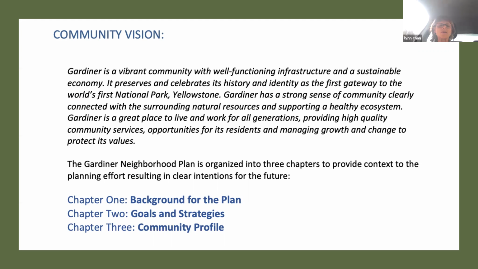And so the neighborhood plan that we've put together, and we are now in the process of getting community input on it, puts together the history of Gardner, the community profile of Gardner, and then the goals and strategies are the meat of it, right? So they are trying to set direction for the future and getting everybody on board with that. So go to the next slide, Jen.